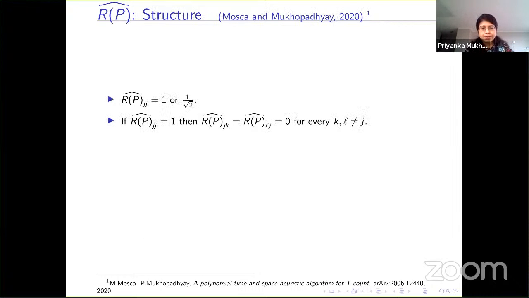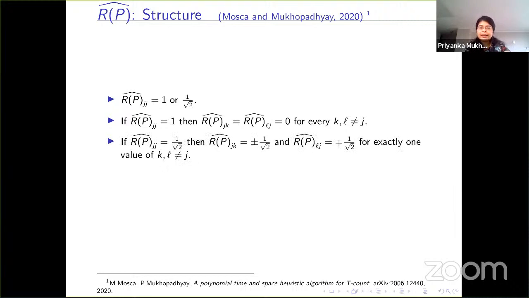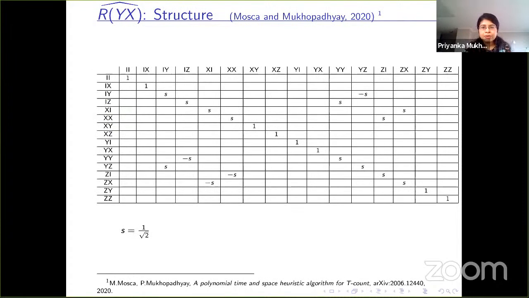If a diagonal entry is 1, then the rest of the elements in the corresponding row and column are 0. If it is 1 by root 2, there is exactly one position in the row where we can have a 1 by root 2 and one position in the column where we can have a minus 1 by root 2, or vice versa, and the rest of the elements are 0. For example, this is the channel representation of YX.